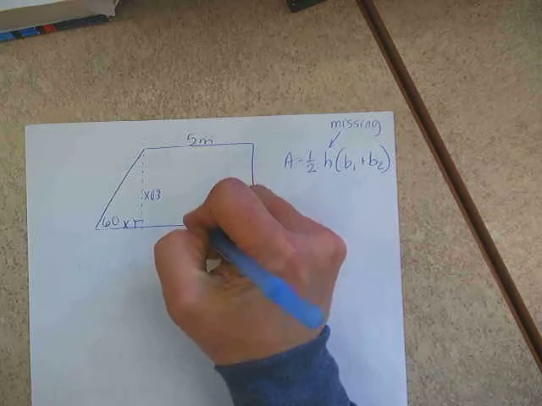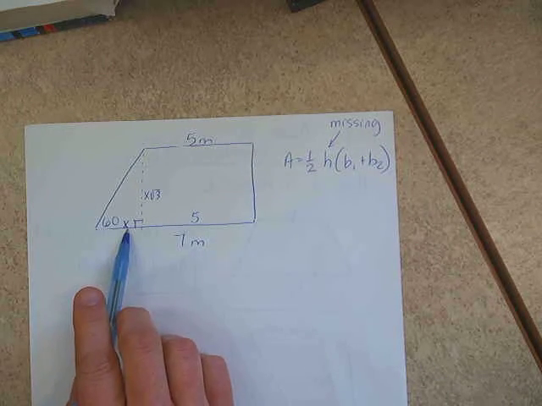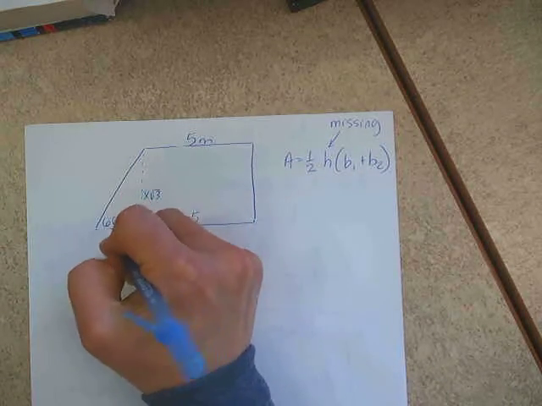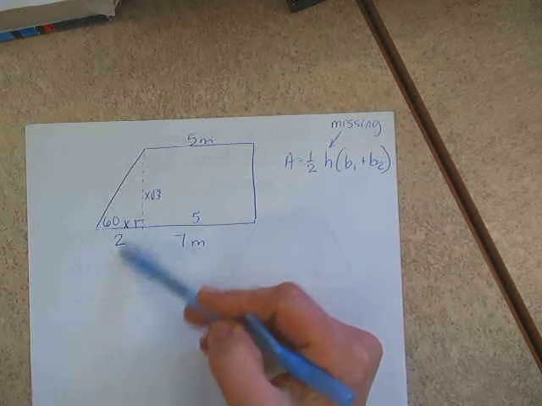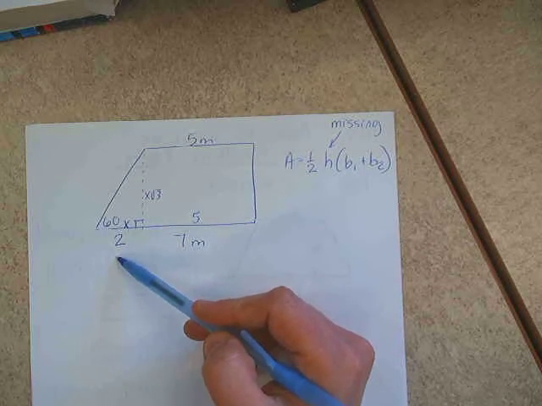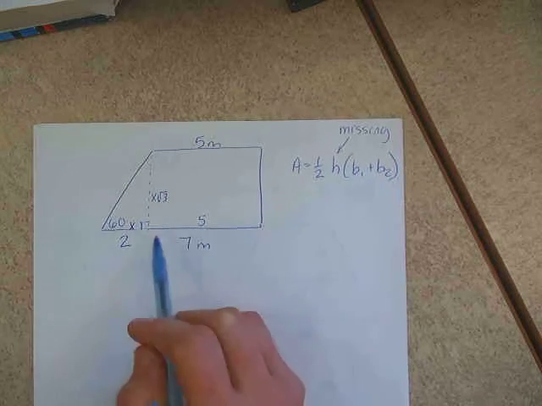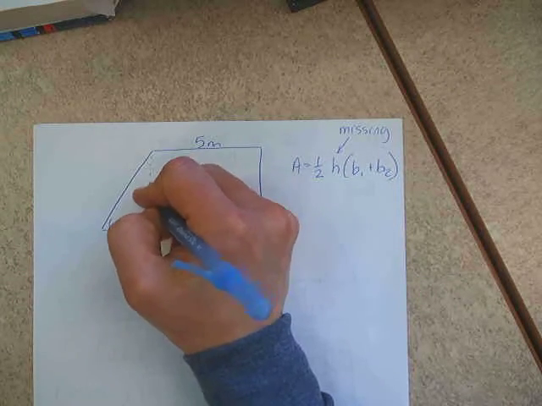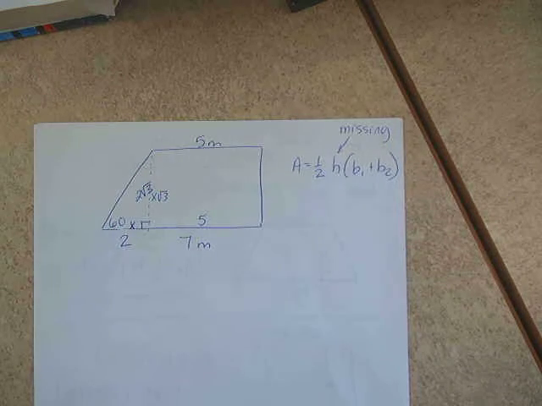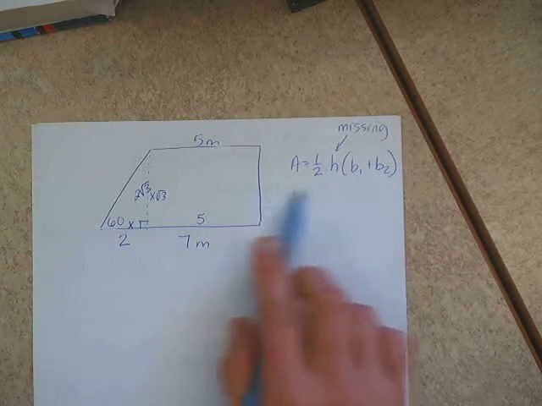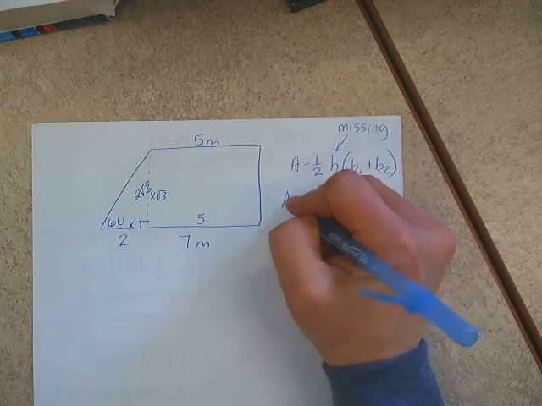It's 2. Why? From here to here has to be 5, so the difference has to be 7 minus 5, or 2. And since x in the ratio is 2, what is my height? 2 radical 3. So my height is 2 radical 3.